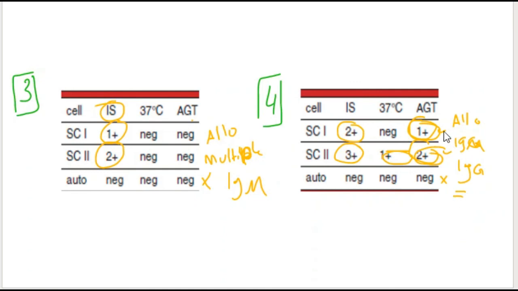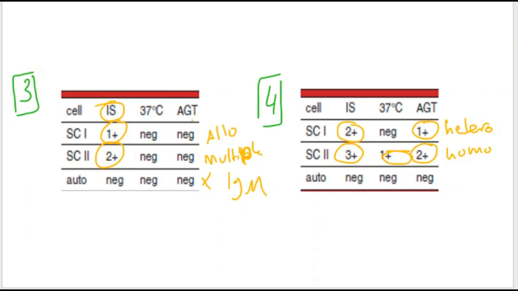Because for example, maybe the cell here is heterozygote, right? So cell 1, because it's only +1, maybe here the antigen is heterozygote, but here it's quite strong, giving a stronger reaction because it's homozygote expression. So this is why there is variation in the strength.